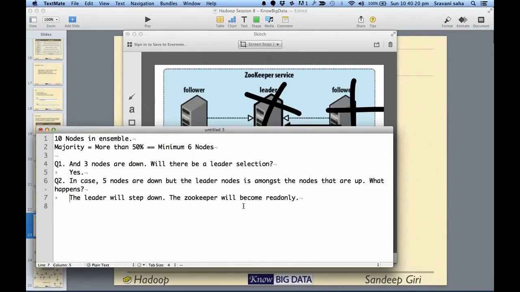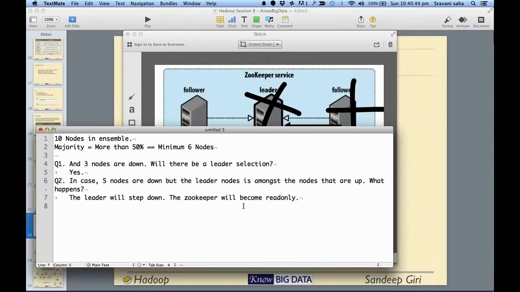Stepping down may go up to 1. I did not get this one. Okay, so Anand means to say that it should not have a step down. Yes.